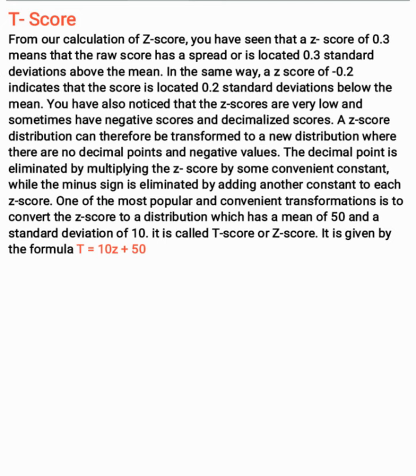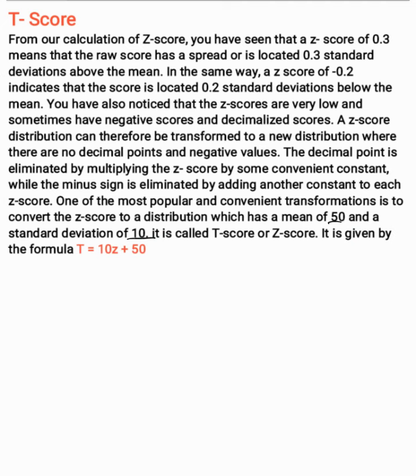The decimal point is eliminated by multiplying the Z score by some convenient constant, while the minus sign is eliminated by adding another constant to each Z score. One of the most popular and convenient transformations is to convert the Z score to a distribution which has a mean of 50 and a standard deviation of 10.